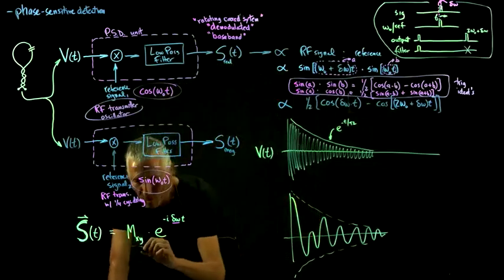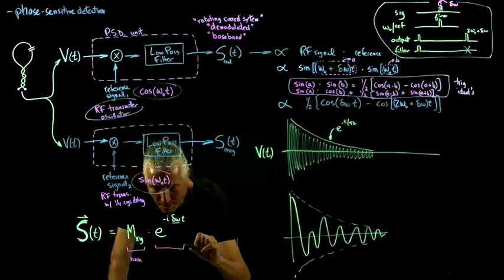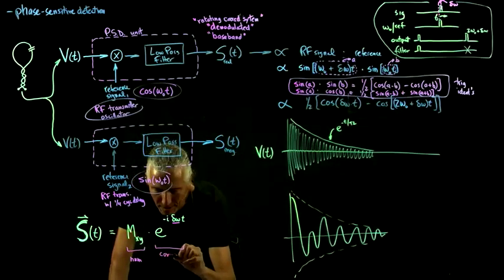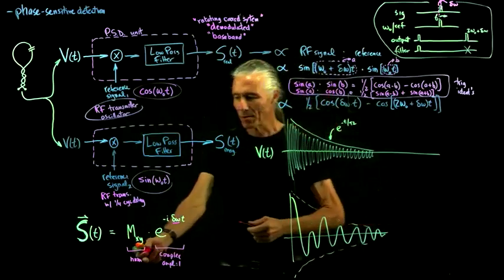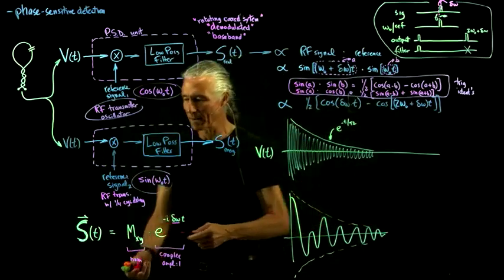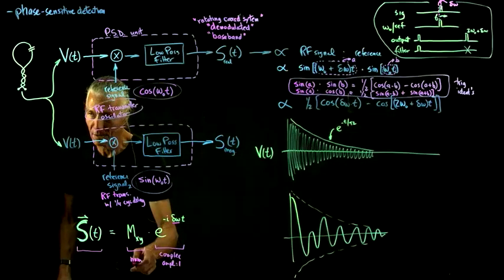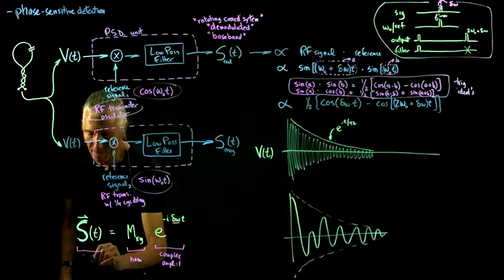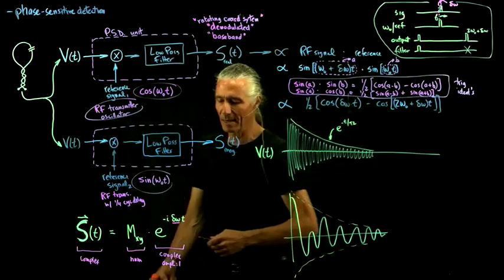And remember, once again, this guy's just a number. That's an amount, and you're multiplying it by a complex number, where the amplitude of that vector equals 1. You scale it by a number here. And when you multiply a scalar, a real number, times a complex number, you get another complex number. So this guy's complex again, but it got scaled by the amount of the magnetization at this angle.